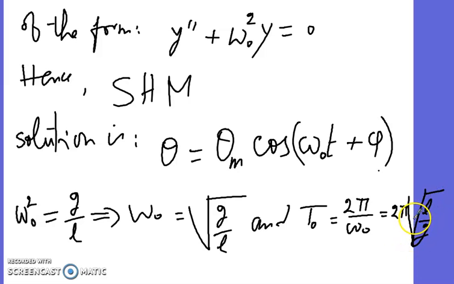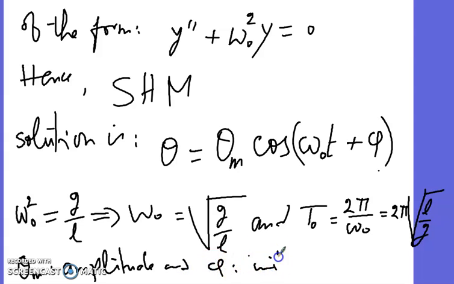Okay? The same as obtained from the compound pendulum. And you know that theta m represents the amplitude, which is a constant obtained from the initial conditions, and phi the initial phase.